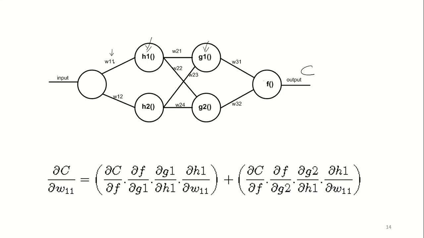That is the first part. Then we have to find the summation with the next path, that is dou C by dou F, dou F by dou G2, dou G2 by dou H1, dou H1 by dou W11. If you have one more path from W11 to F, we have to find the sum with the derivative in that route also.